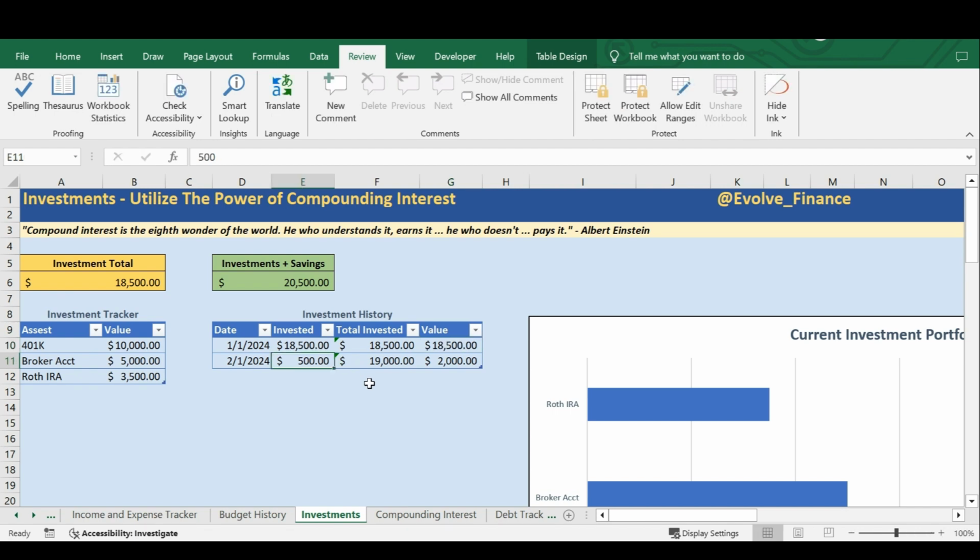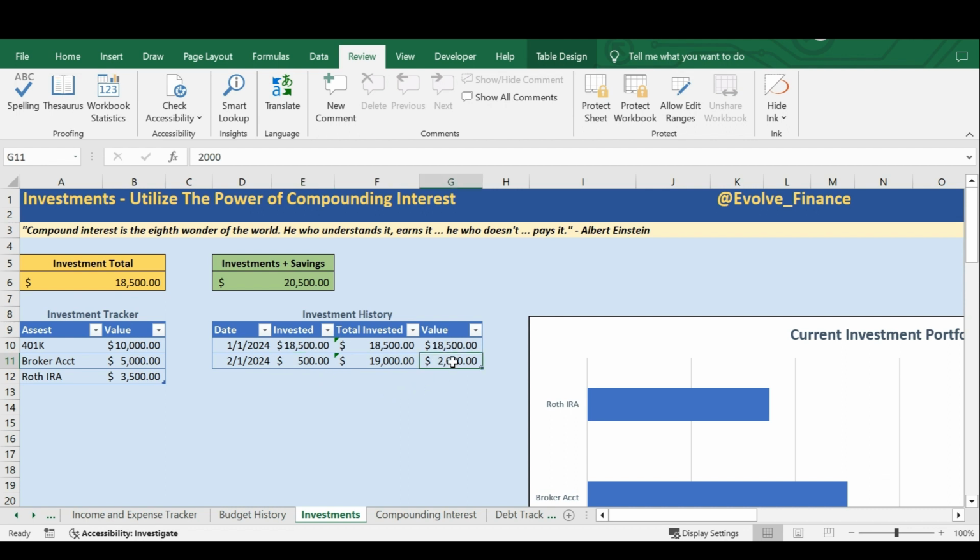Then, as you continue to use this month after month, you should input the amount that you invested. So, for example, let's say next month I invested $500. This means my total invested is $19,000. How is that calculated? It took the previous total, $18,500, and added in the amount that I invested this month, $500.